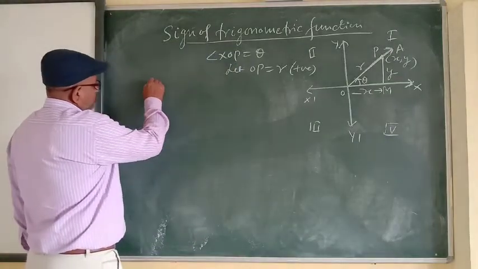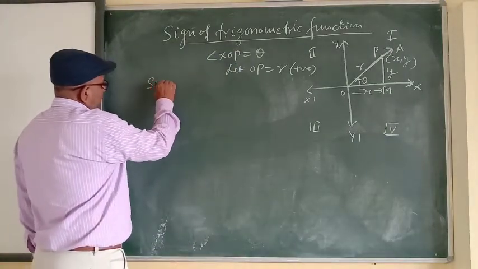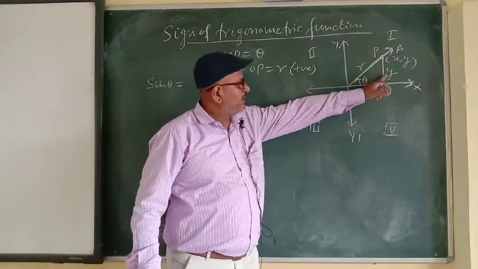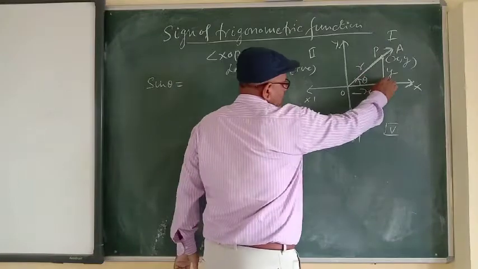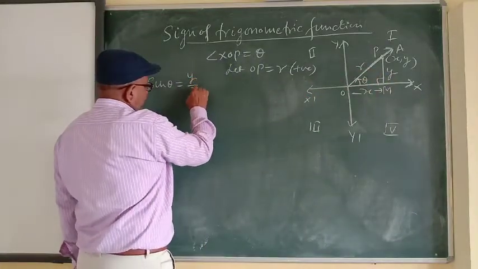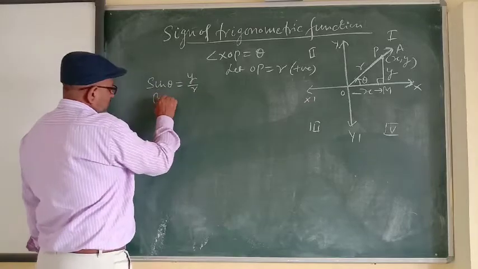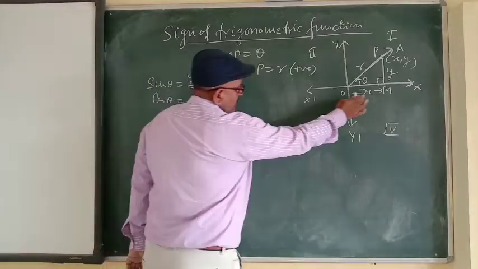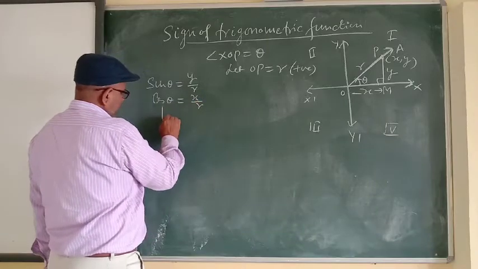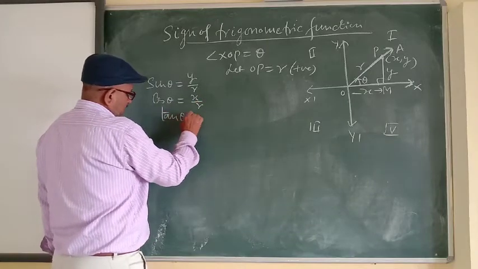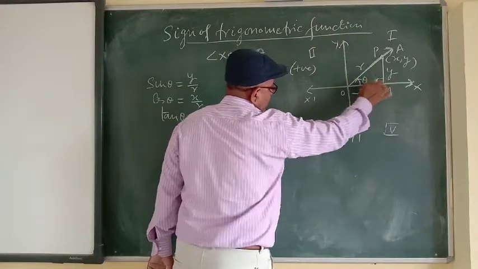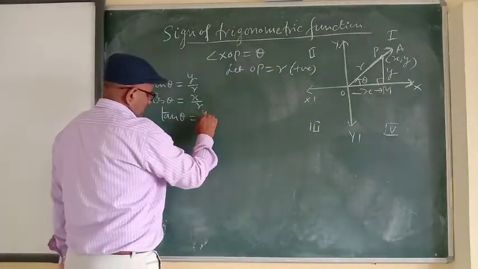Trigonometric ratio sin theta: we know that it is perpendicular by hypotenuse, so it will be y by r. Cos theta is based upon hypotenuse, so x by r. Tan theta is perpendicular by base, so y by x.